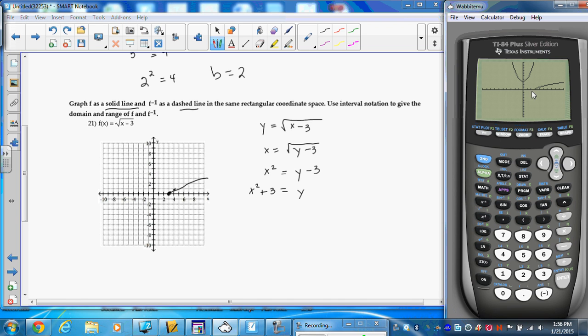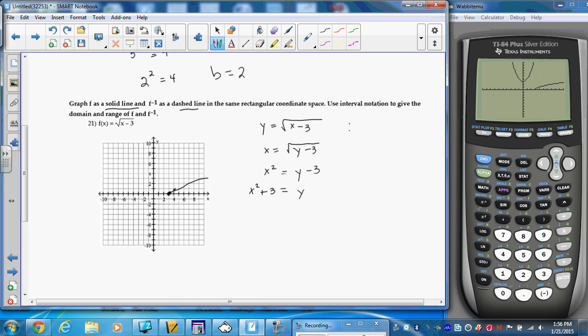Okay, so since the domain for this one is going to be, and I know this was wrong on your answer key. We talked about it in third period, but I think we may have missed talking about it in fourth and seventh. But this one has a domain, which is backwards on the answer key, of 3 to infinity.